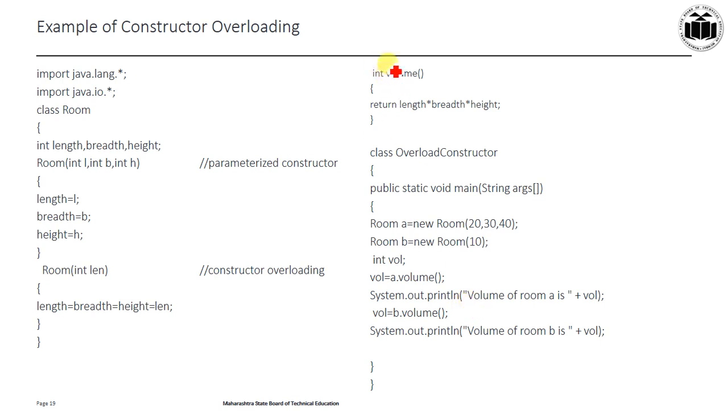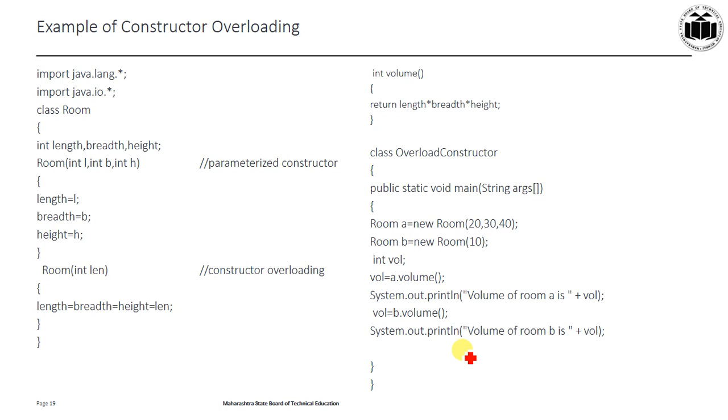Then we call the volume method by using the second object, that is b. So b.volume. Here length is equal to 10, breadth is equal to 10 and height is equal to 10, and we will get the value of volume, and then we display that value by using System.out.println.